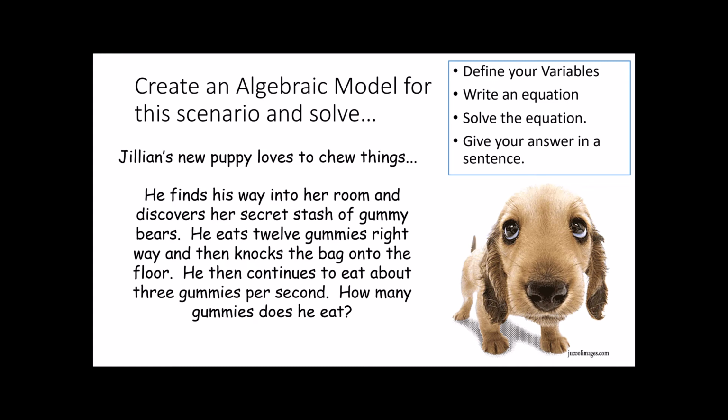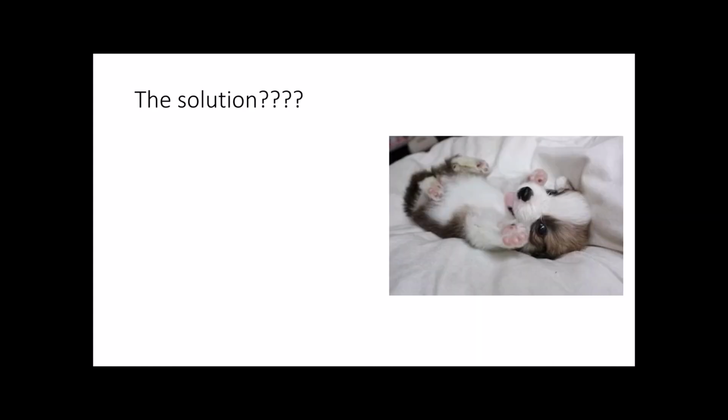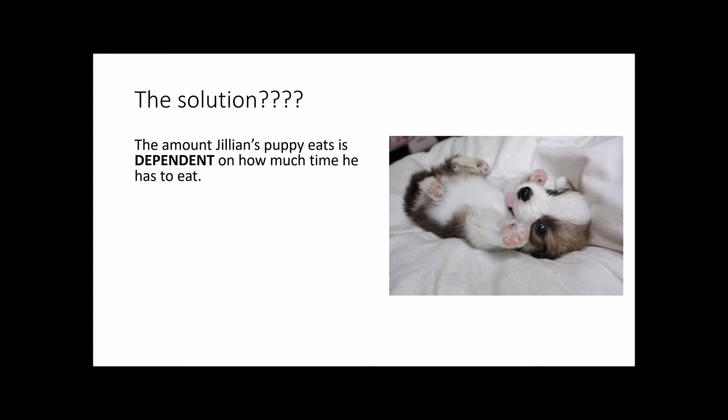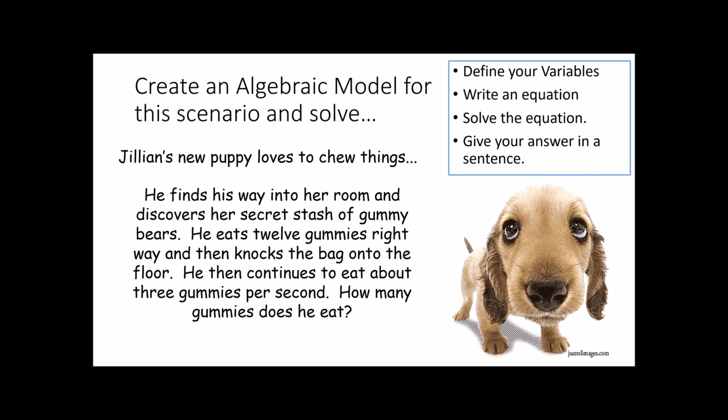Hopefully, when you began to think about the solution to this, you realized that there's a problem with the question, and that is the amount that Jillian's puppy eats is dependent on how much time he has to eat. It is impossible for us to just look at this problem and know how many gummies the puppy has eaten because it says he eats 3 gummies per second.